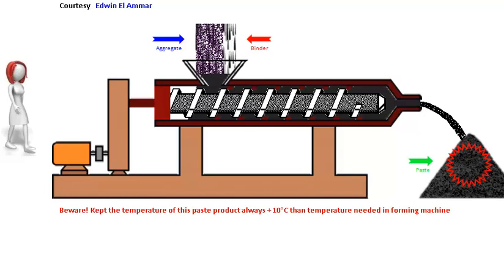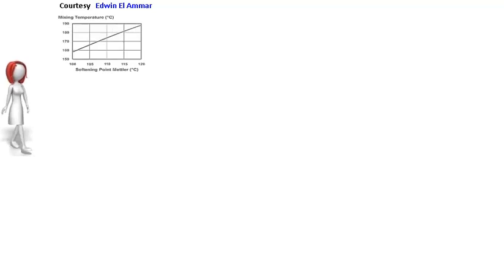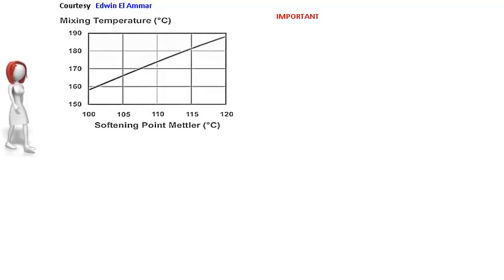Keep the temperature of this paste product always plus 10 degrees C higher than the temperature needed in the forming machine. What should be paid attention to in kneading or mixing operation? 1. Softening point is the p-value of the current CDP. Important: Inalum uses the ball ring method, so it has to be adjusted by -5 degrees C.